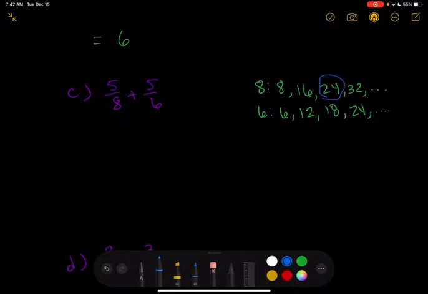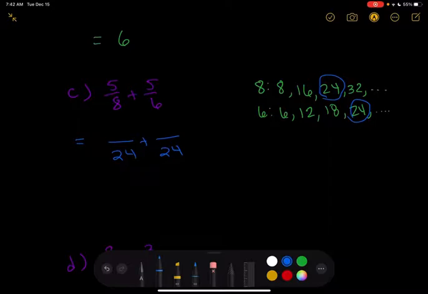Yeah, look at that. They both have the 24. We want to pick the smallest multiple that they have in common. So they both share that 24, right? So now let's rewrite this and put equals over 24 plus over 24. I want 24 to be my new common denominator.